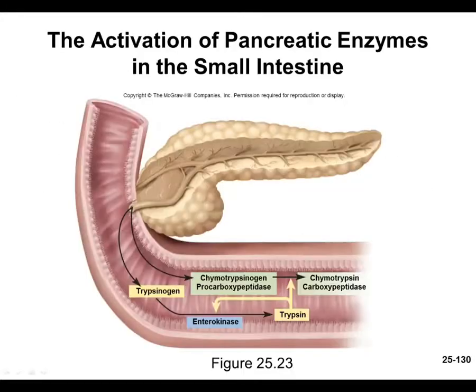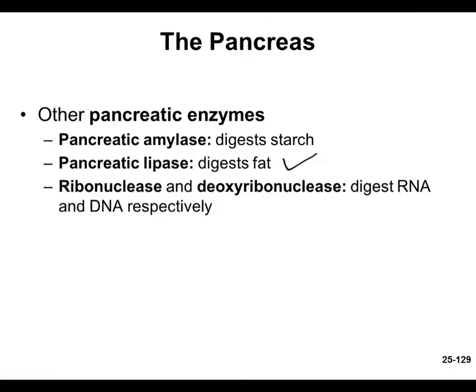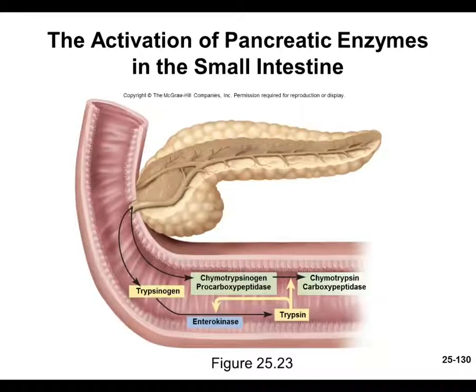There are lipases that break down fats. And there are ribonucleases and deoxyribonucleases that break down RNA and DNA. So again, you've got everything, right? You've got proteases, the trypsin breaks down proteins, sugars, fats, and nucleic acids. So the pancreas is able to digest any sort of macromolecules that you bring into your body.